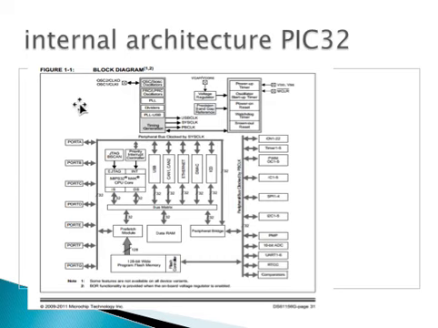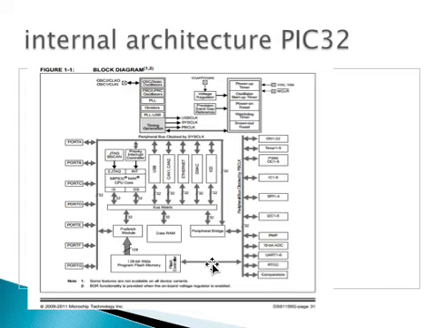Any microprocessor or microcontroller has a different number of ports, depending on the manufacturer and the model number and so on. And on this one, for example, you've got various timers, I2C, and so on. The timers, you can use to time anything you want.